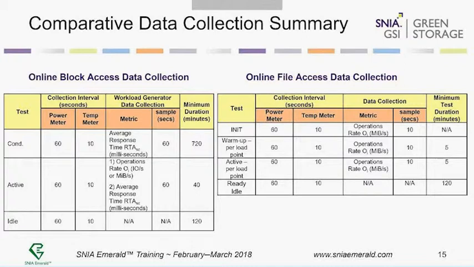Remember we talked about 10 different load points? And then last but not least, once we remove the I/O demand, there's a ready idle test that's done, very similar to the ready idle test in the block environment.